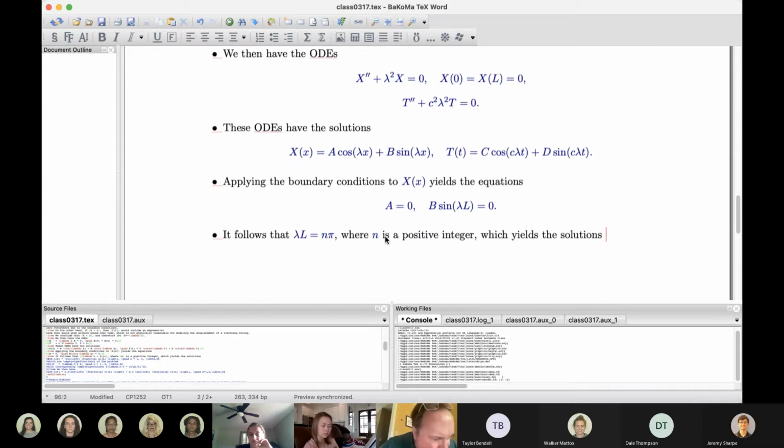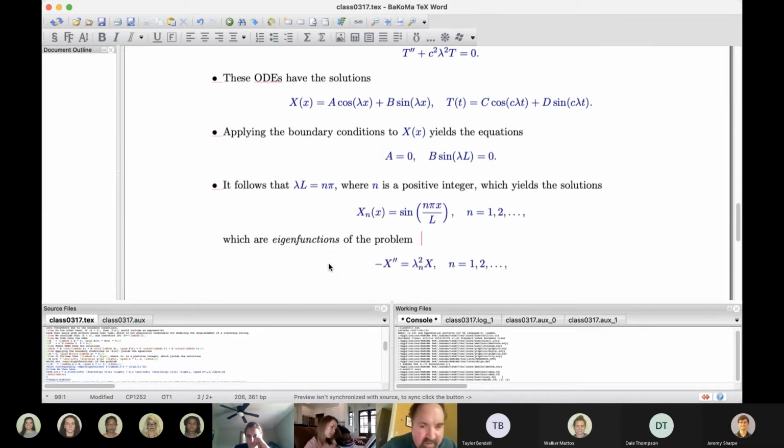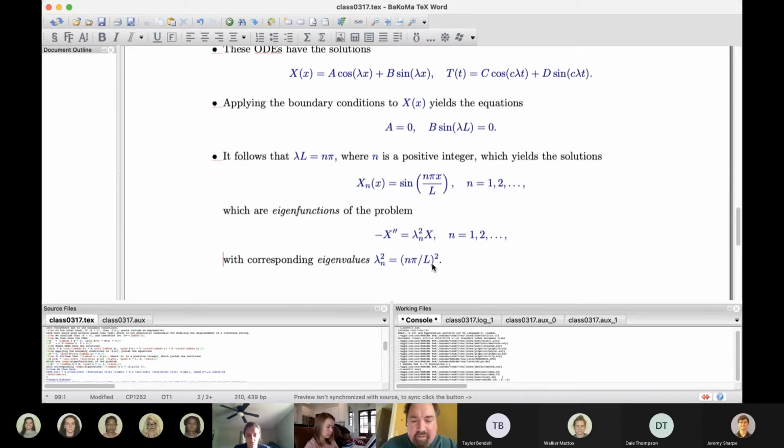So now we have these solutions: sine n pi x over L for n being a positive integer. So these are our eigenfunctions of this problem. And the eigenvalues are n pi over L squared.